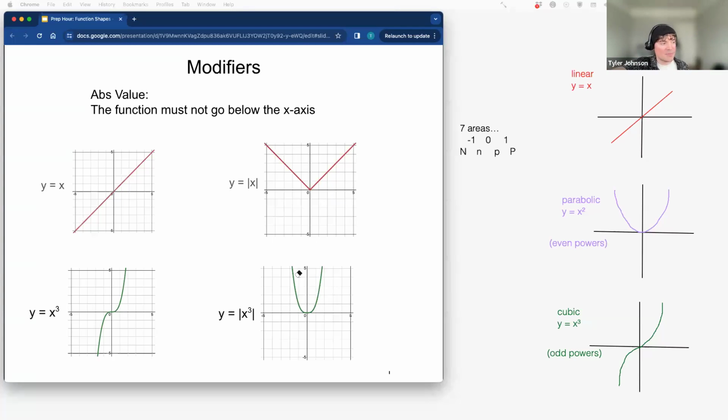So everything is staying positive in quadrants 1 and 2. So doing this to a cubic effectively makes it look like a parabolic function, right? It's that U shape that we typically see with even ordered powers.